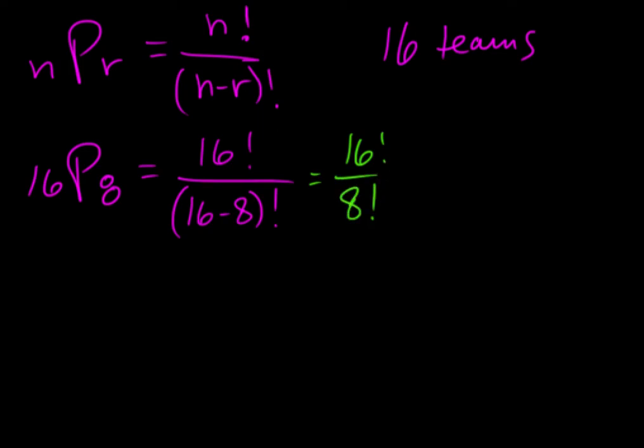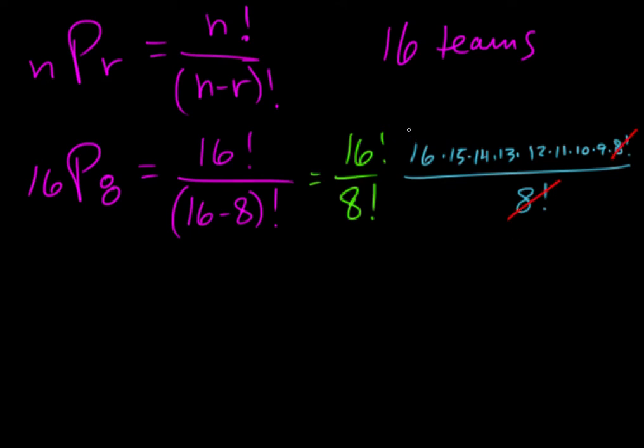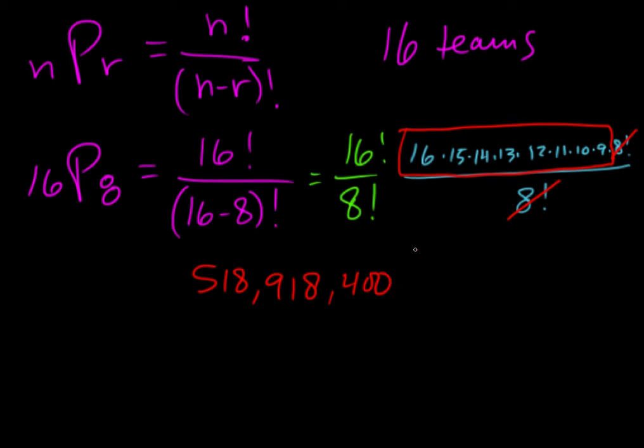And if we go to simplify that, it's going to be 16, 15, 14, 13, 12, 11, 10, 9, 8 factorial. On the bottom it's 8 factorial. Those cancel. And so we just need to plug this into a calculator, and when we do that, we get this many permutations.